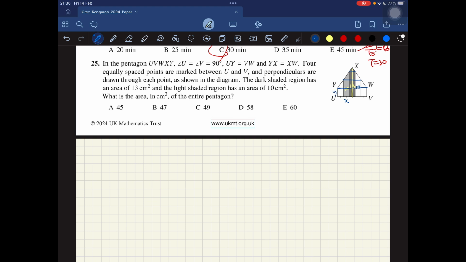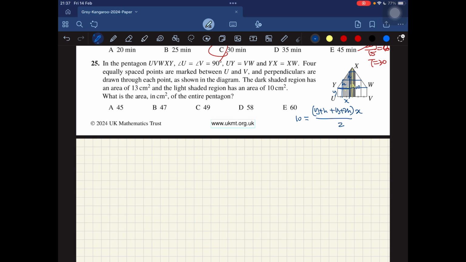Let's call here y, and h, then this also h. And what do I know? So x, y plus h. Let me express the area of 10. So this is y plus h, and this is y plus 2h, times x over 2 is 10.